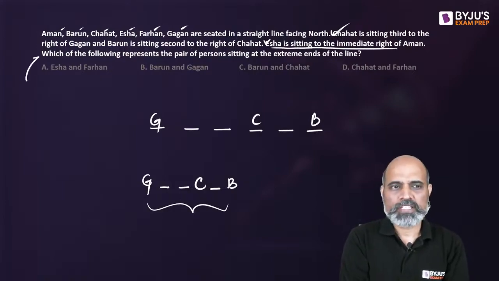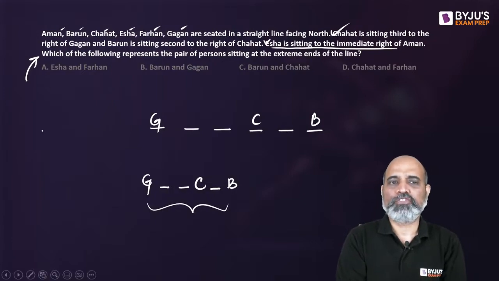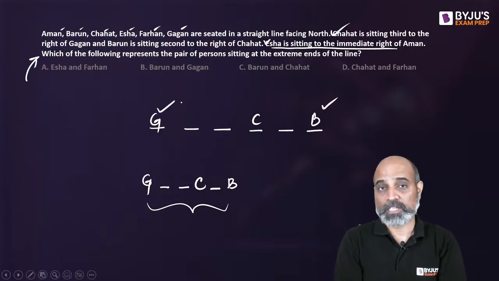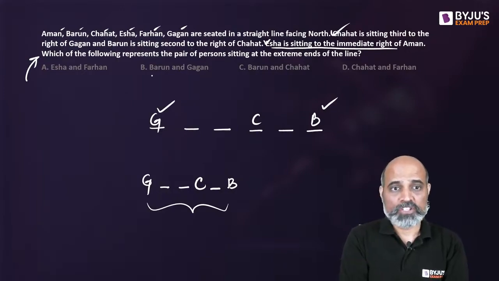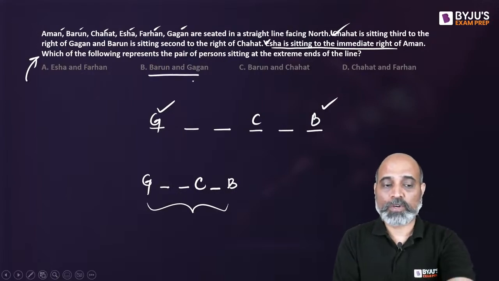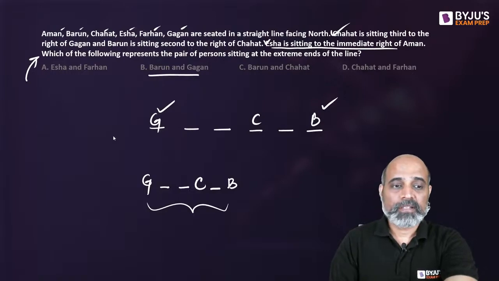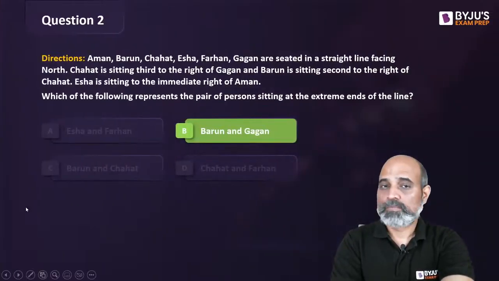No. Question simply asks us which of the following pair of people are going to be seated at the extreme ends. We very much are sure that it's going to be G and B. So G and B is what we have here, right? B and G, Barun and Gagan.